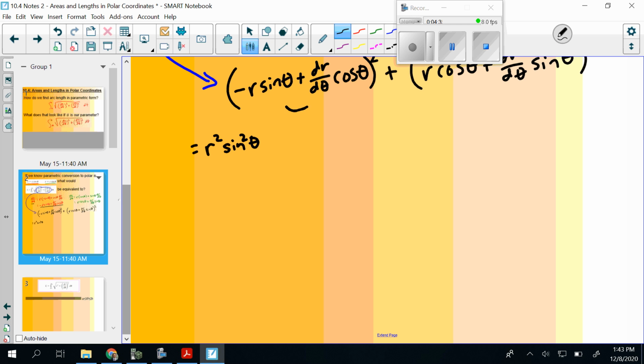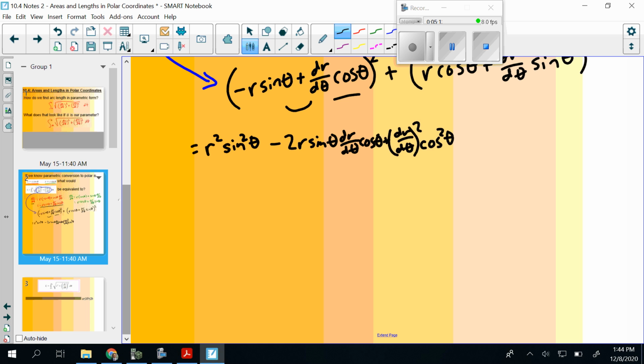If I multiply these two together, and then I'd also multiply another one of those two together, I would get two of those, and it'd be negative, so negative 2 r sine theta dr d theta cosine theta. Plus, what if I multiply two of these together? I get dr d theta squared cosine squared theta. So that's what I get if I multiply two of those together.